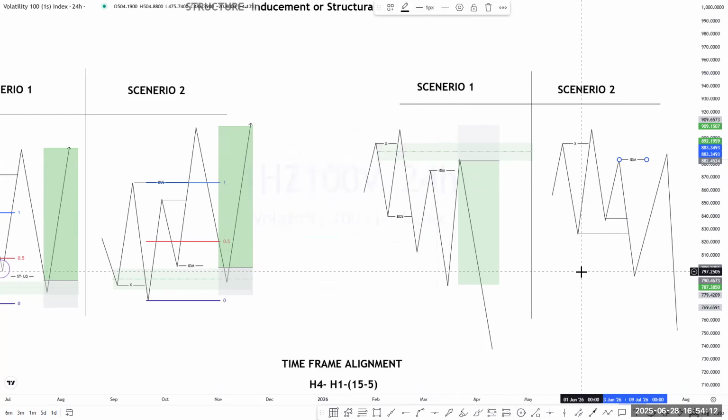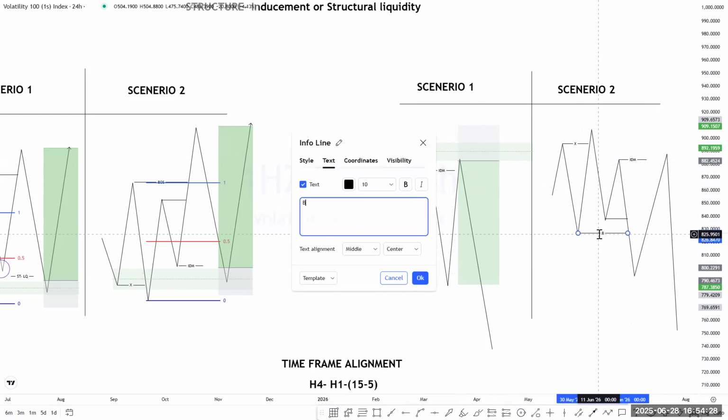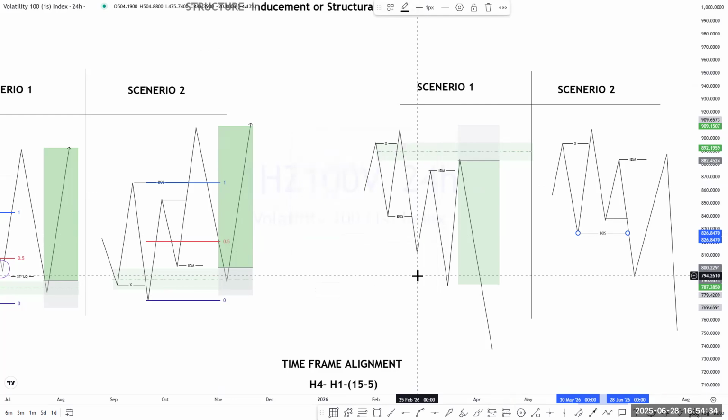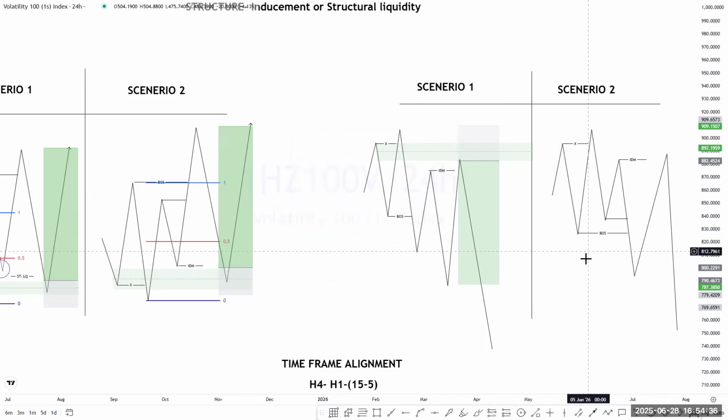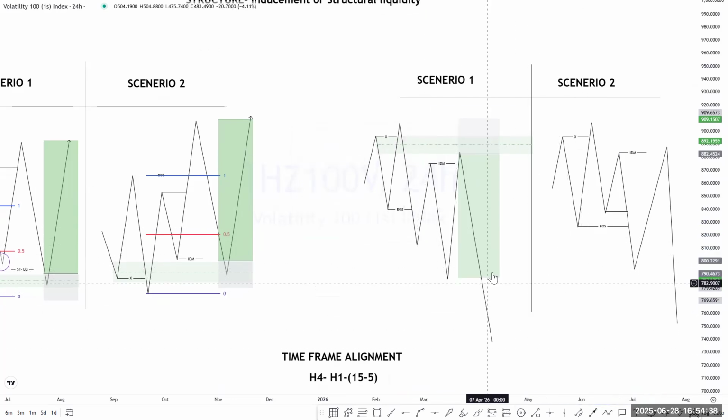So once we have our inducement, the next thing we are going to identify is our break of structure, BOS, SBI, or SBS, right? Sweep, break, and structural inducement. So now once you have this, it means this is going to be your entry model.